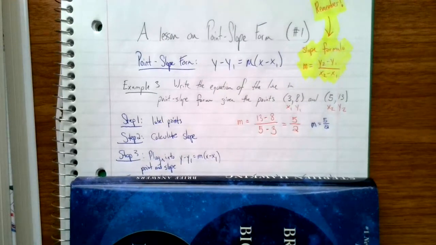So already we've accomplished the first 2 steps, which were to label the points, x1, y1, x2, y2, and then to calculate slope. And so the last thing we need to do is to pick one of the points and the slope and plug it into the equation.